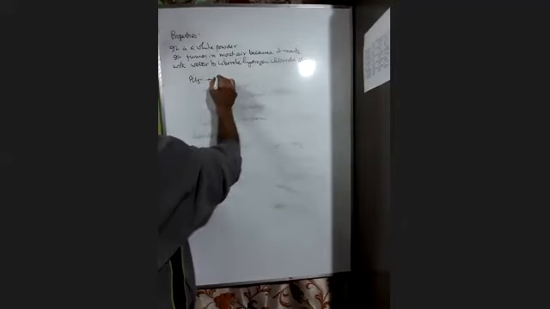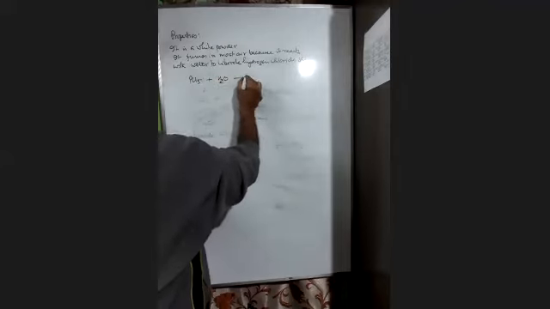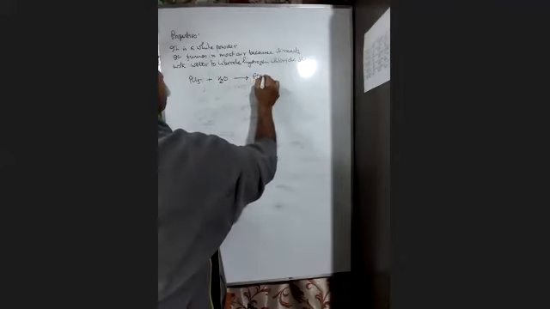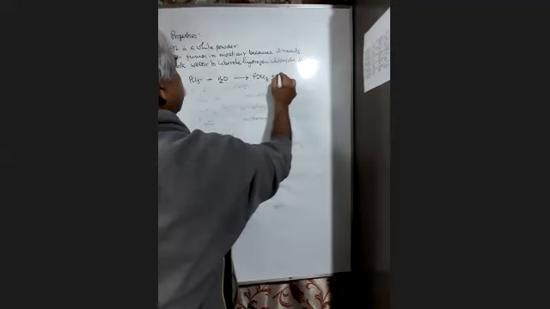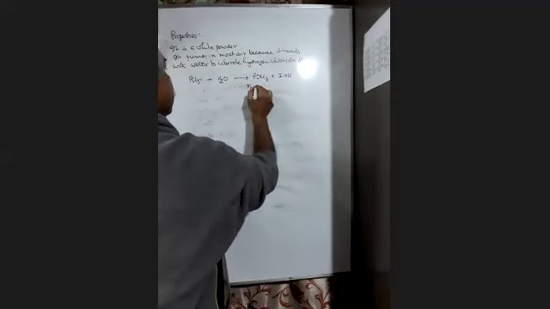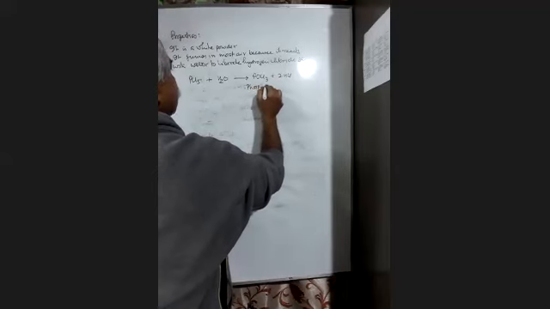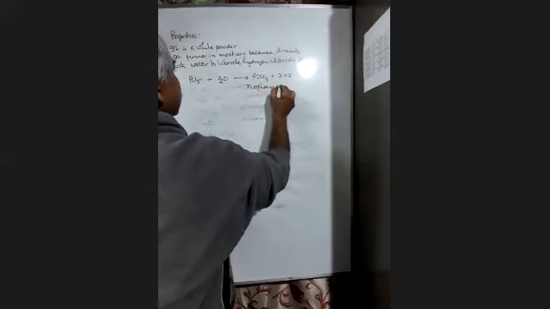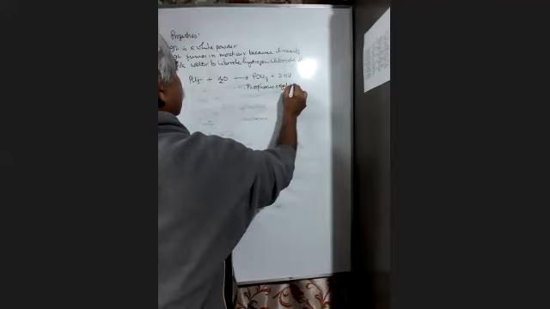So I'll write here in partial equation method, then it's easy for you to balance. See here: PCl5 plus H2O gives you POCl3 plus 2HCl. The name of this one is phosphorus oxychloride.